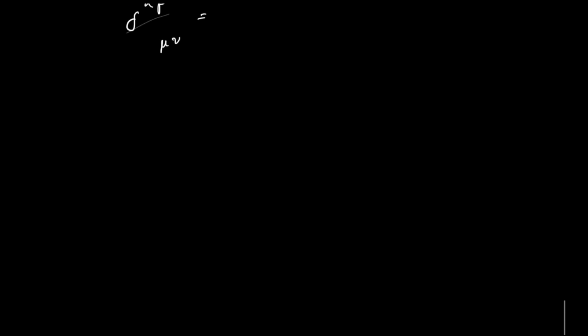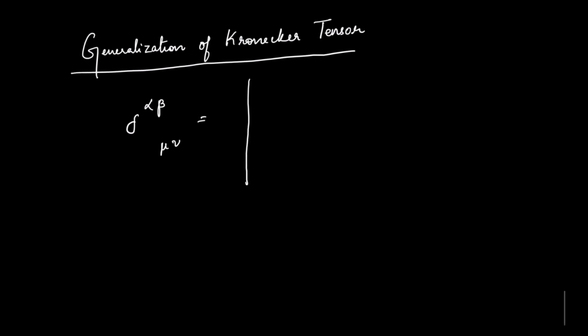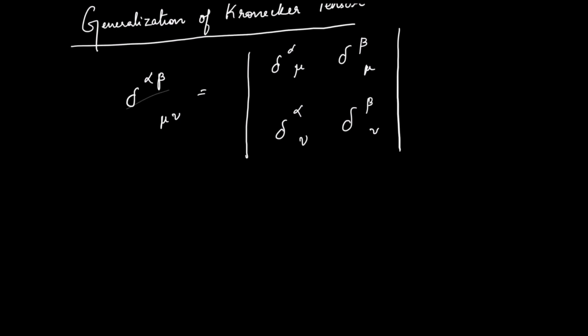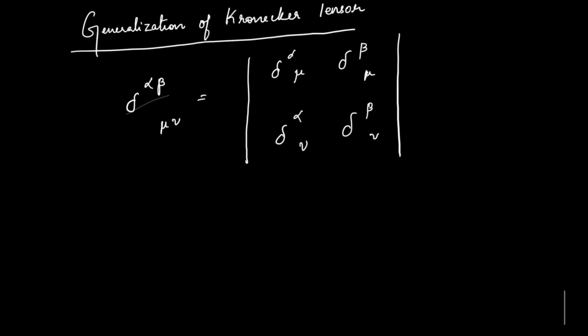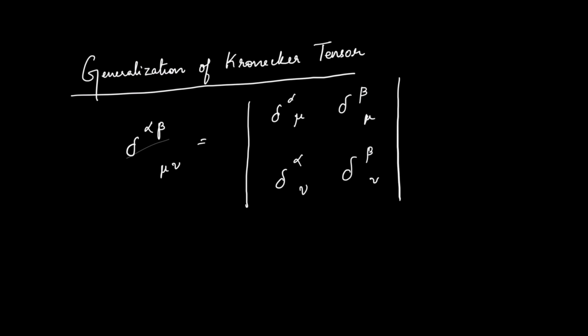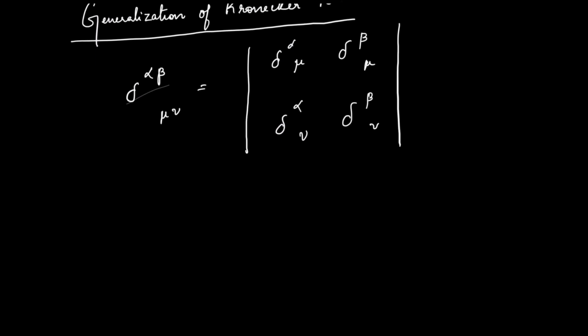This can be written as the determinant of δ^α_μ, δ^β_μ, δ^α_ν, δ^β_ν. So the Kronecker tensor of rank 4 can be written in terms of the Kronecker tensor of rank 2. You can have only Kronecker tensors of even rank. With odd rank you cannot have it, because if you have one covariant index, then correspondingly you should have another contravariant index. Therefore, it appears only in even ranks.